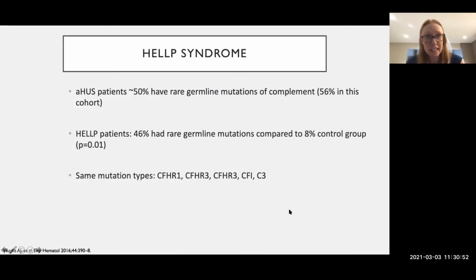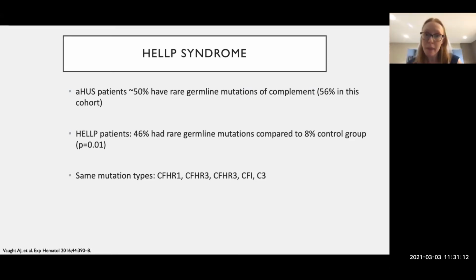And interestingly, they also found a high proportion of rare germline mutations in patients with HELLP. So this is a clinical pathological syndrome that was thought to relate only to endothelial dysfunction and a lot of inflammation with preeclampsia.